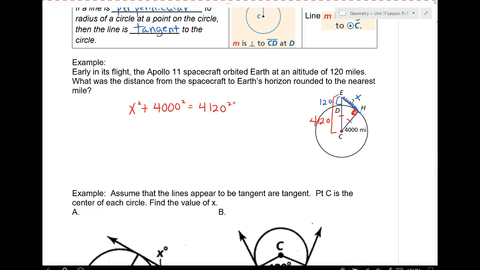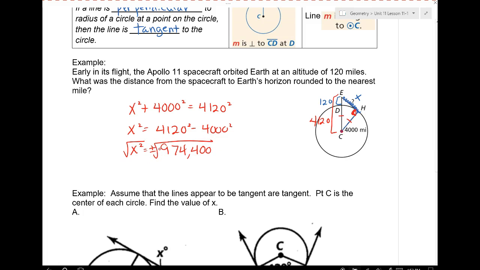Now, we're going to let the calculator do a lot of the work. So can I just subtract that 4,000 squared to the other side? You can let your calculator do that, but I'm going to do it more towards the end. Can someone punch that into their calculator real quick? What's 4,120 squared minus 4,000 squared? Is it 400? Okay, that's what I got. Awesome. Now, guys, are we done yet? No, I still got to take the square root of both sides. And remember, we want to take the plus or minus of both of our square roots.